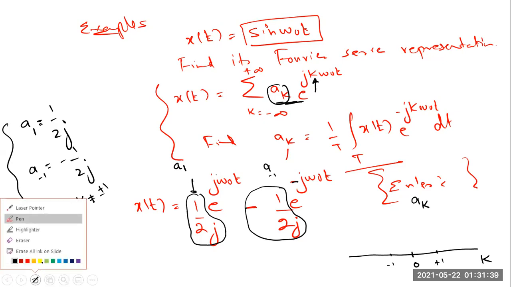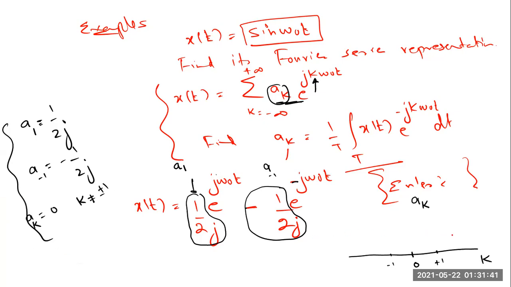And then I can say at plus 1, I have a line. And then I have a line at minus 1, which is in the negative direction. So this is A1, and this one is A minus 1. This is the line spectrum.